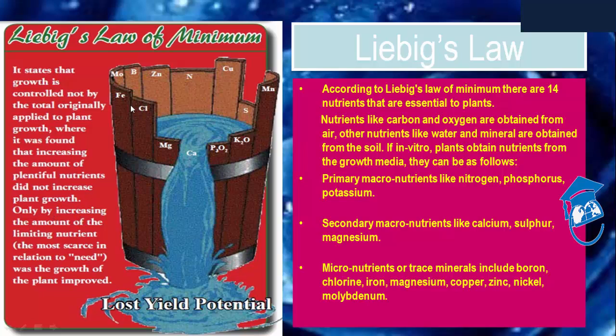See, these are the nutrients: Cl, Fe, Mo, B, Zn, N, Cu, Mn, S. Only by increasing the amount of limiting nutrients, which are most scarce in relation to the need, was the growth of the plant improved. I hope Liebig's law of minimum is clear to you. According to it, there are 40 nutrients which are essential to the plant.